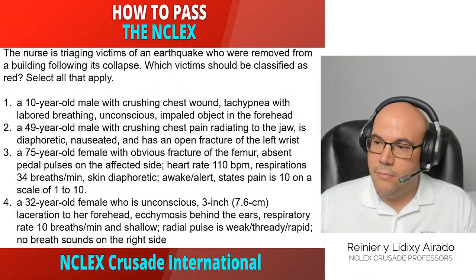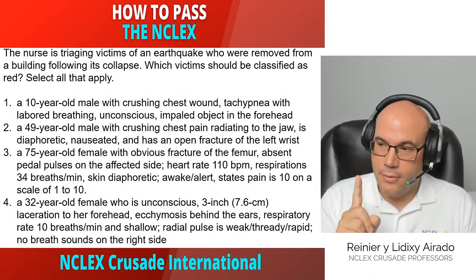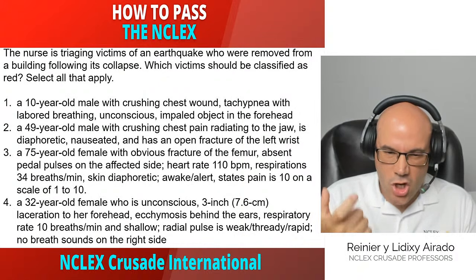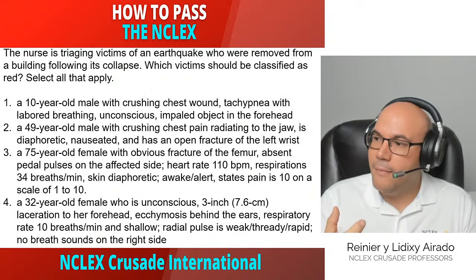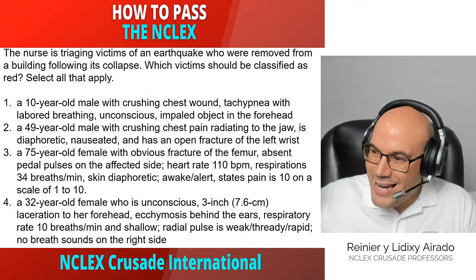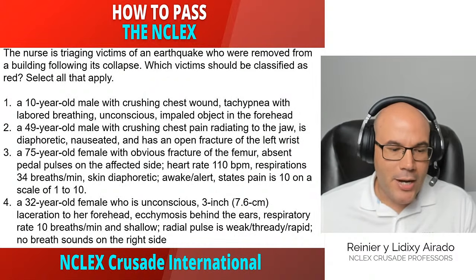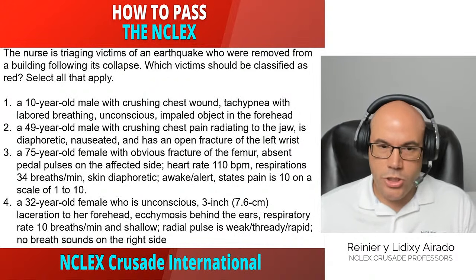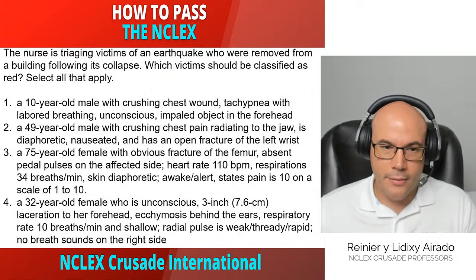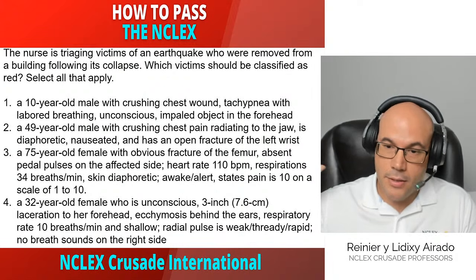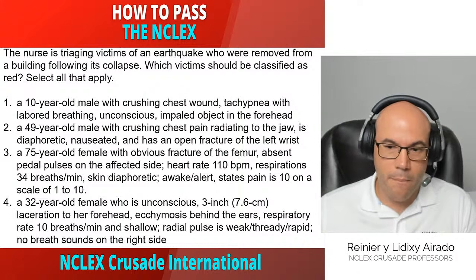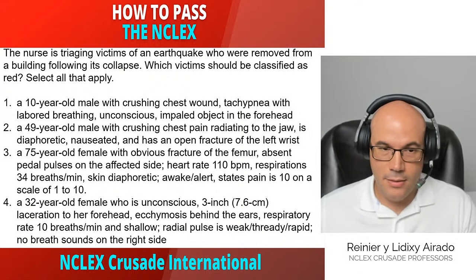Why? 1, the patient is unconscious. The patient has a crushing chest wound and an impaled object in the forehead. That patient has low chance of survivability. So it will go to expectant category, black category, the last resource.